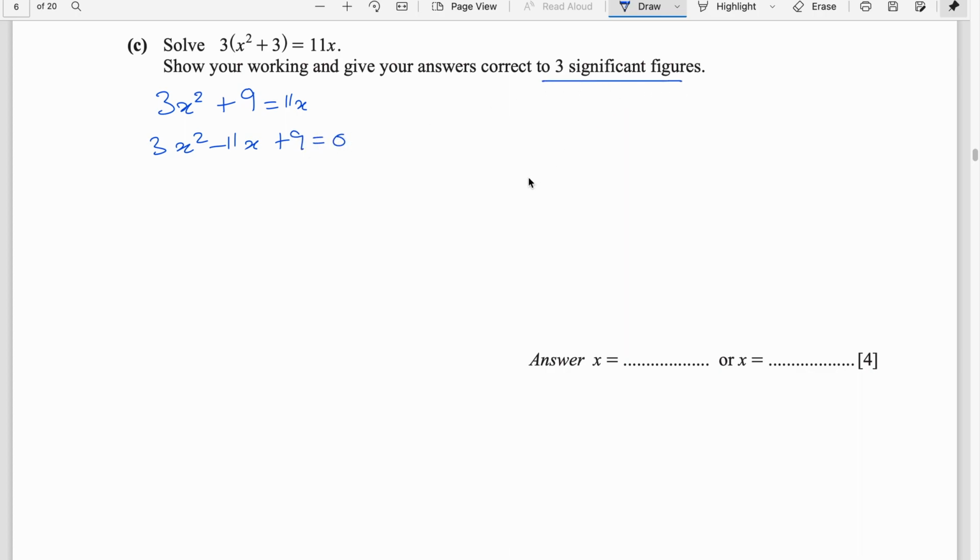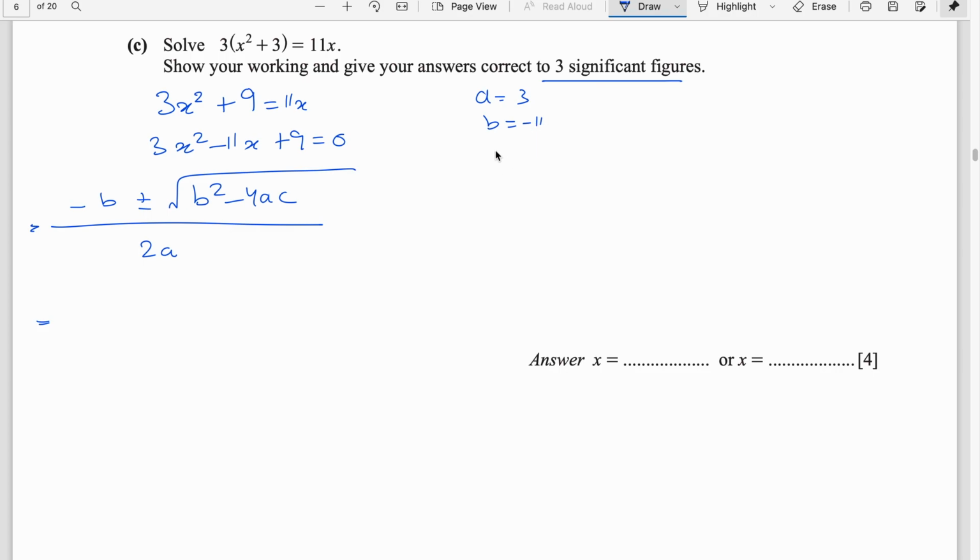So up to 3 significant figures, let's go for the quadratic formula. Minus b plus or minus square root of b squared minus 4ac over 2a, where a is 3, b is minus 11, and c is 9.